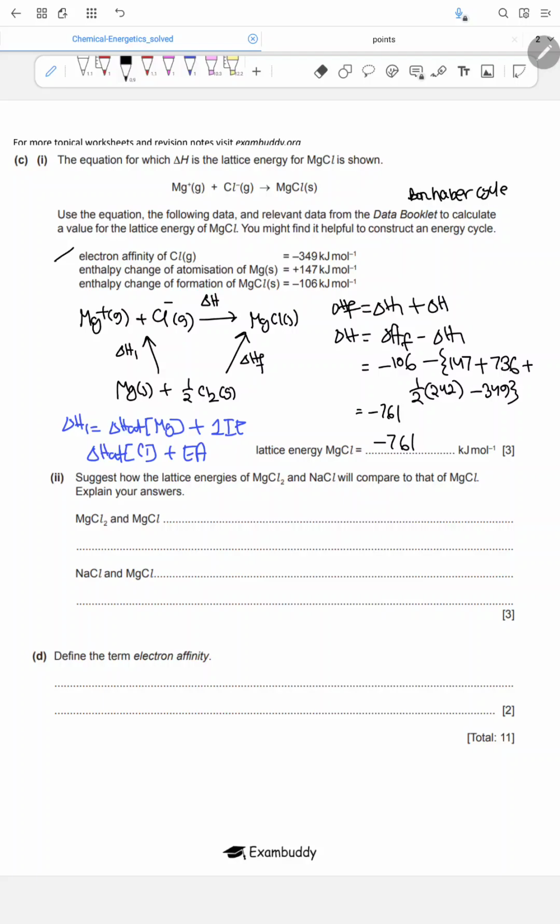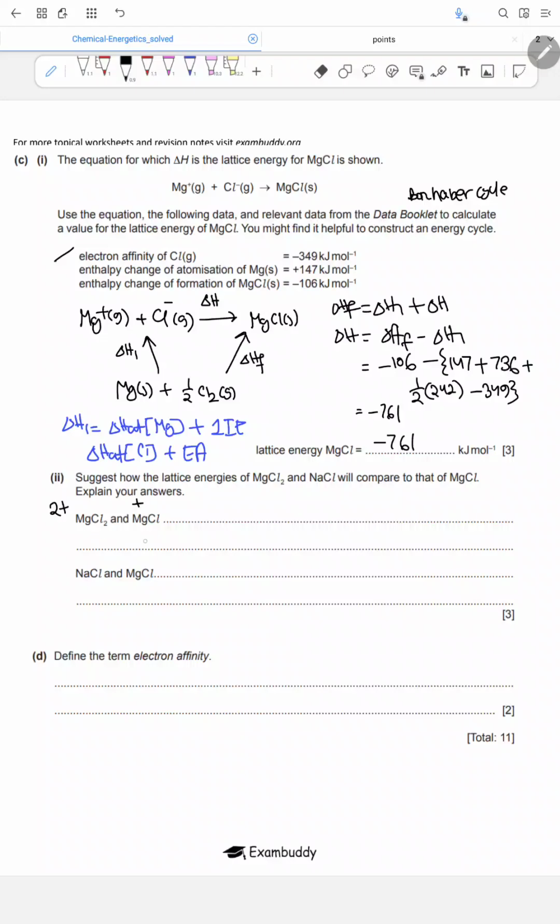So what happens to the overall charge density over here? Over here we have magnesium plus, over here we have magnesium 2 plus. So think, which magnesium will have a higher charge density?